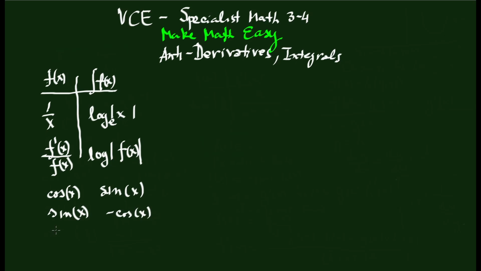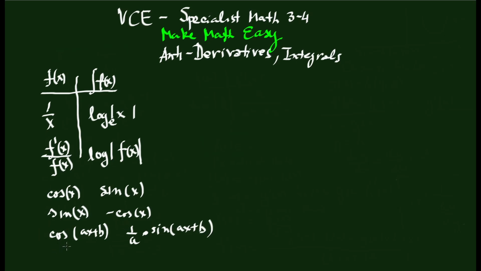More generically said, cosine of ax plus b becomes 1 over a times sine of ax plus b.